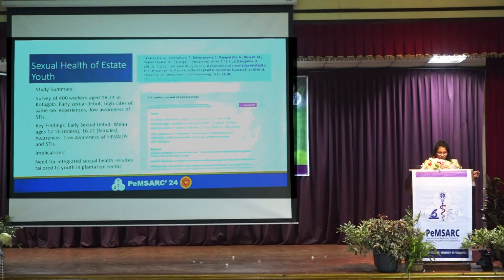A disadvantaged group. The study summary was on 400 workers, youth aged 18 to 24, in Kotagala, Talawakele. They had an early sexual debut, and the mean age was 12.56 for males. So I don't think it was through consent, right? They were exposed to sexual activities at such a young age, which is a true concern for us as healthcare professionals.